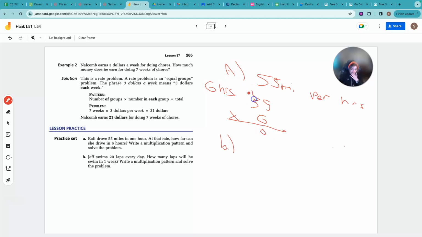We're going to carry the 3 because that's what we do. 6 times 5 is 30 plus 3 is 33. So we know she can go 330 miles in 6 hours. We got it. 330 miles in 6 hours. We built different on that one.